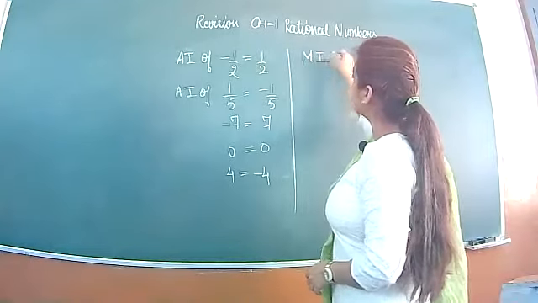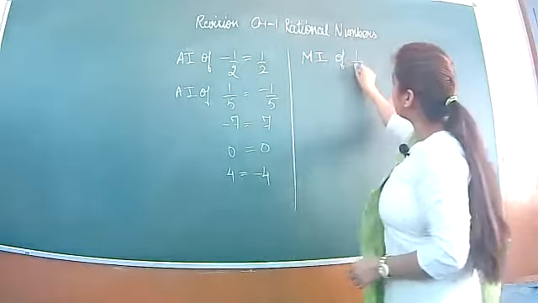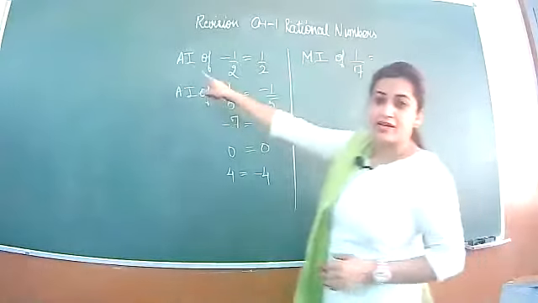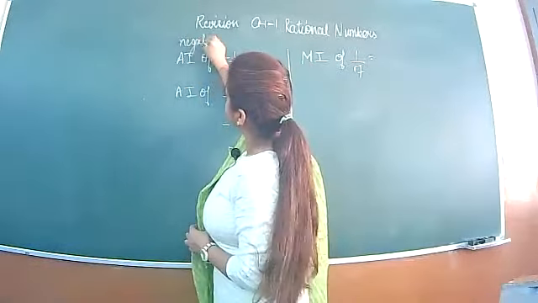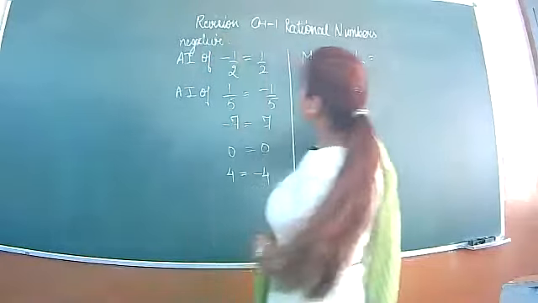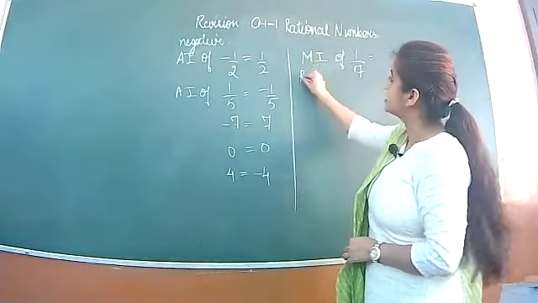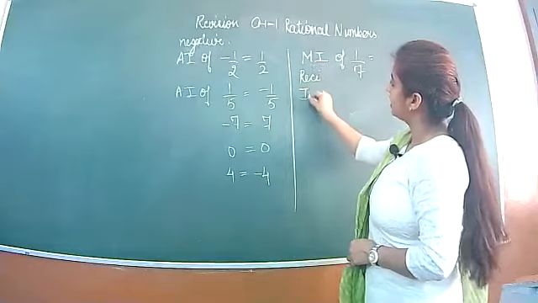Next is the multiplicative inverse of 1 by 7. Another name of additive inverse is negative, and another name of multiplicative inverse is reciprocal.